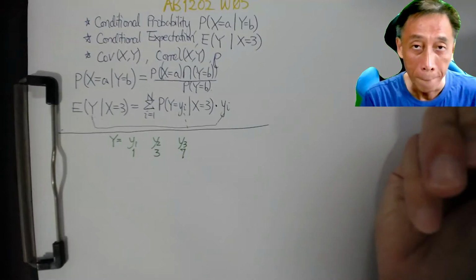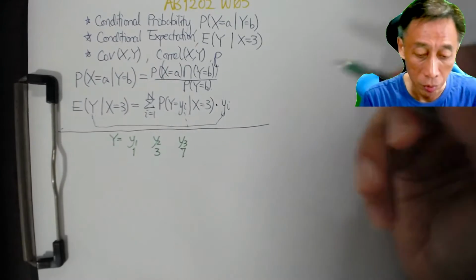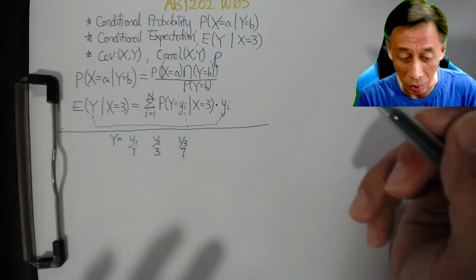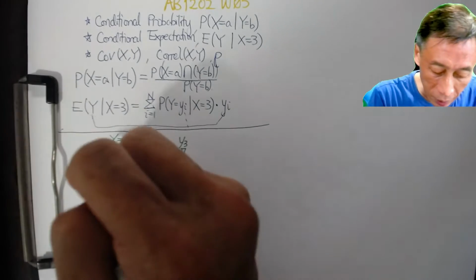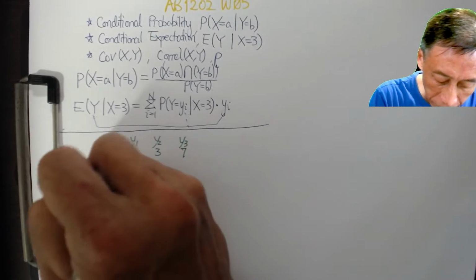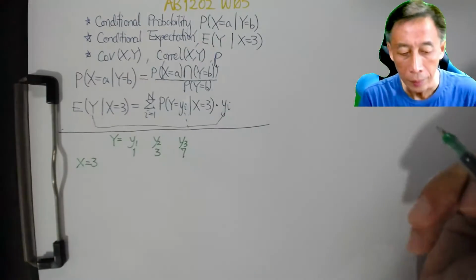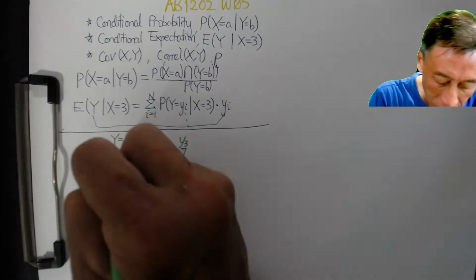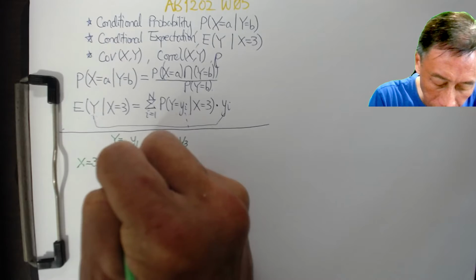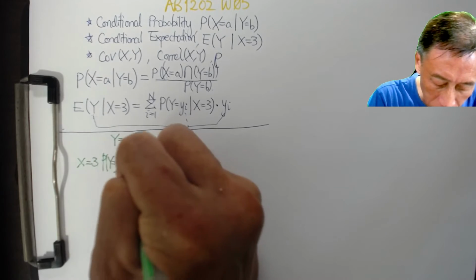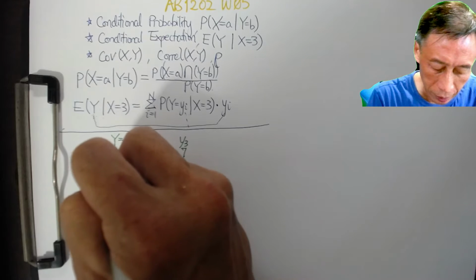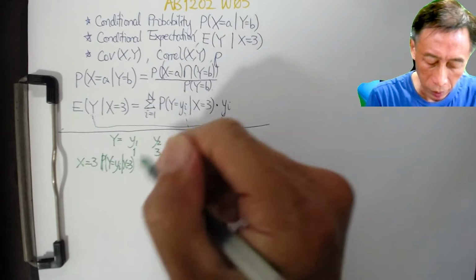I purposely choose 7, just to say that it can be any value, not necessarily odd numbers or consecutive numbers. Then we say x equals 3. Given that x equals 3, this is P of y equals yi given that x equals 3.